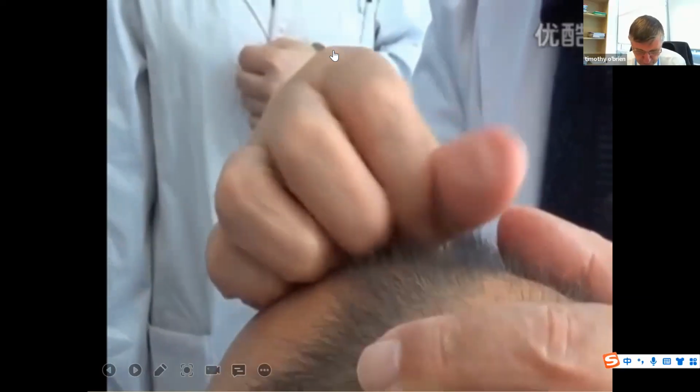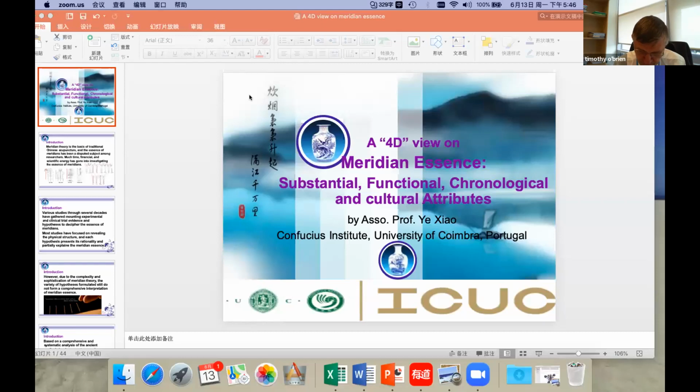Our second speaker is Professor Xiao on behalf of the Confucius Institute at the University of Coimbra in Portugal. Professor Xiao is an associate professor at the School of Humanities and Management in Zhejiang Chinese Medical University and a lecturer in the Confucius Institute at the University of Coimbra. His research interests are the international transmission of Chinese medicine and the culture of Chinese medicine.